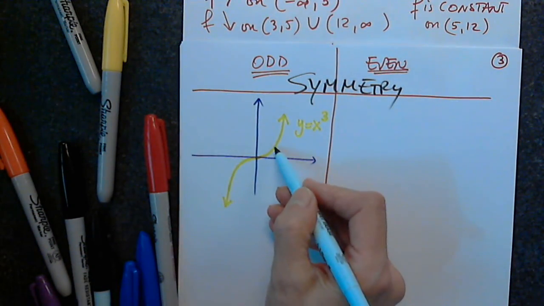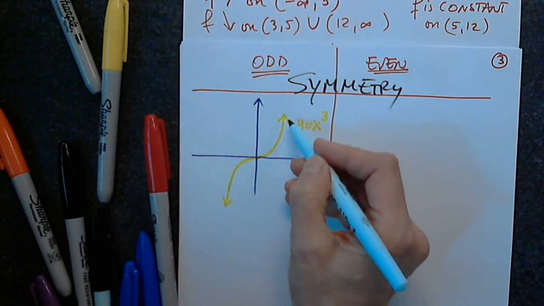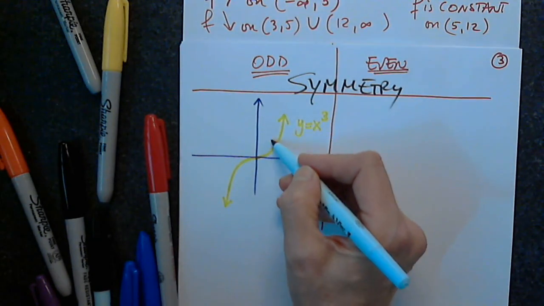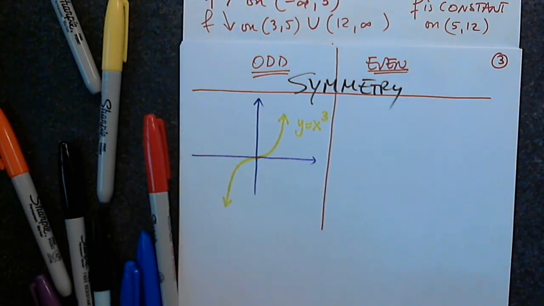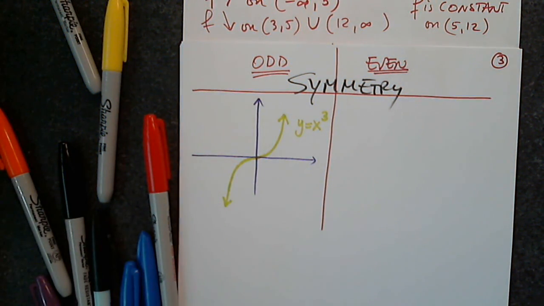I can do it here. I can do it here. I can do it here. Anywhere. All these lines, if I draw them through the origin, will connect a point on the graph of the function from the first quadrant and the third quadrant. Do you all see that, right? So it can be this, it can be this, but I will always be able to connect 2 points.